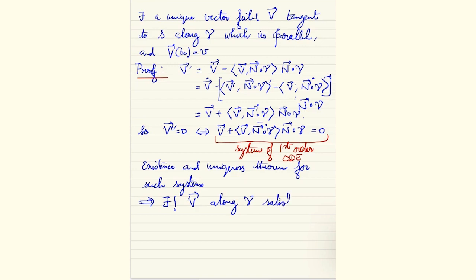So there is a solution which is unique, satisfying the equation with the initial condition, that at time t naught you get the vector that you started out with.